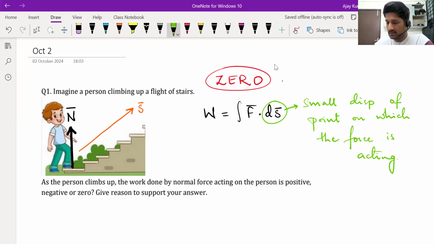Okay. Now imagine the person climbing up the stairs. Where exactly does the normal force act on the person?